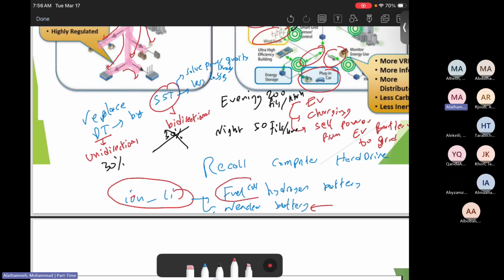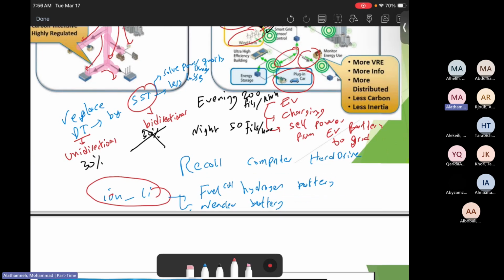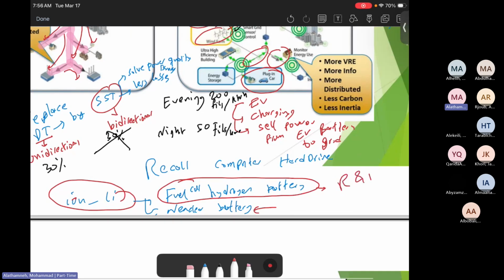The hydrogen fuel cell battery is under research and development, R&D. There are very few, but they are not commercialized yet. But I believe in the future they will replace the batteries with fuel cell batteries, which use hydrogen.